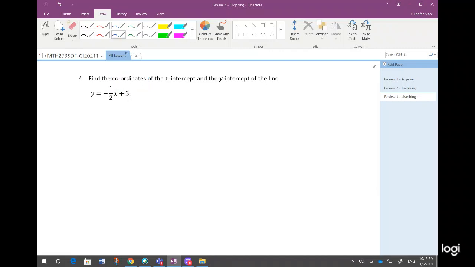Okay, y-intercept is here, because I have y equal mx plus b. So y-intercept is 0 and 3. When y is isolated, the number there on the right side, the number alone without x, is the y-intercept.